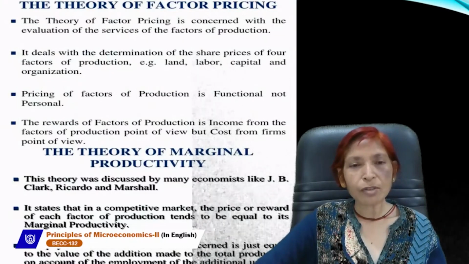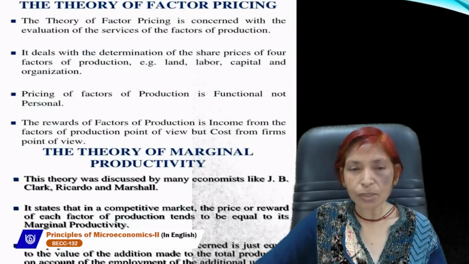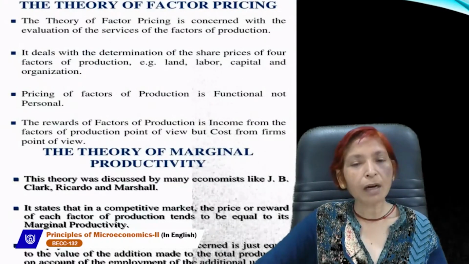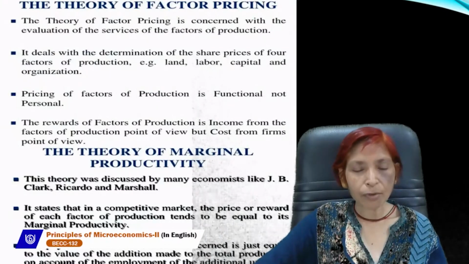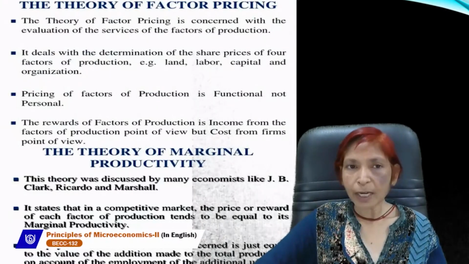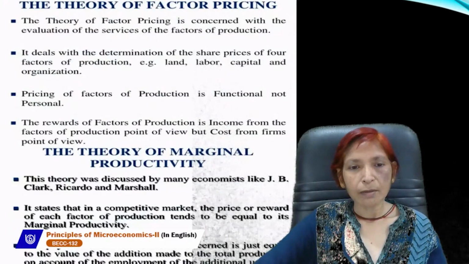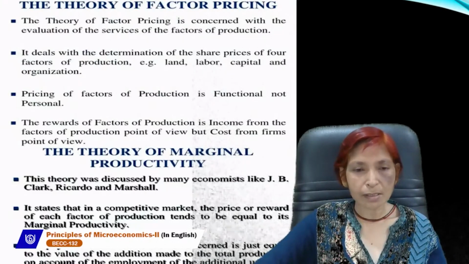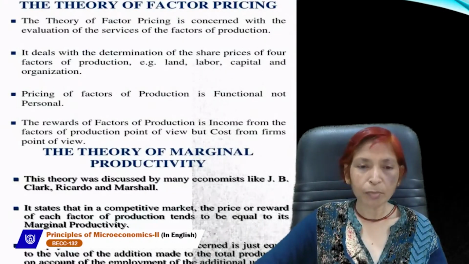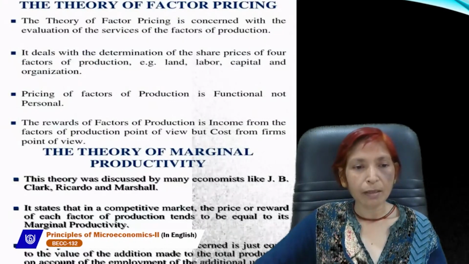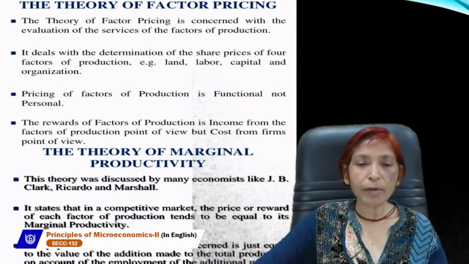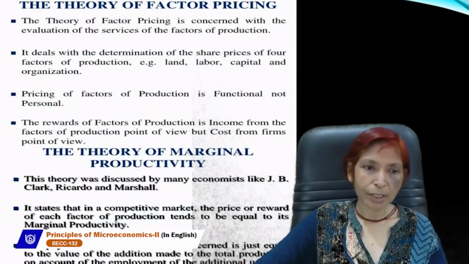These four factors of production are the main primary factors because without using these factors, we can't produce any commodity. So we have to determine how much price we must pay for rendering their services in the production process, for each and every factor of production.